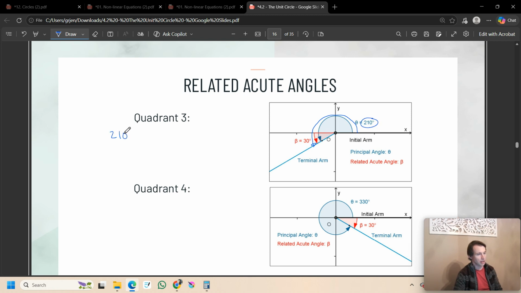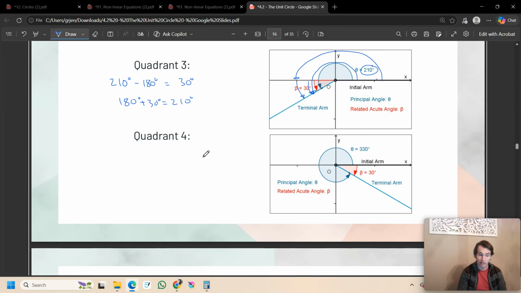So 210 minus 180 would give us 30 degrees. That's our related acute angle. If we did this and then wanted to arrive at the terminal arm, we need to add on the related acute angle. So 180 plus 30 degrees equals 210. Why is this lesson so long? Because I keep on pointing at the obvious, that's why.